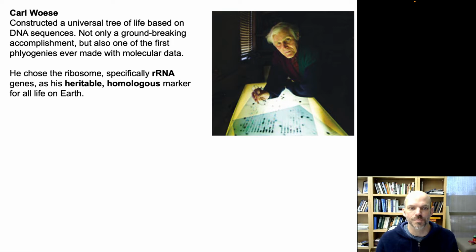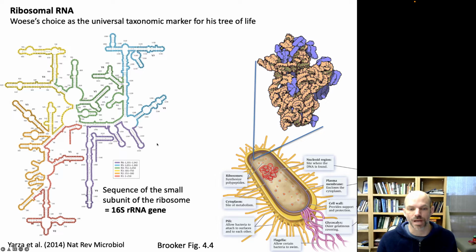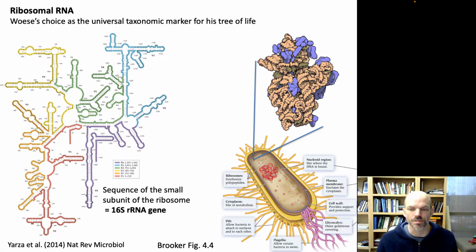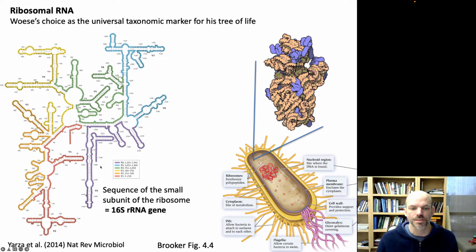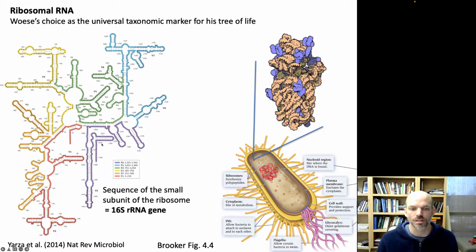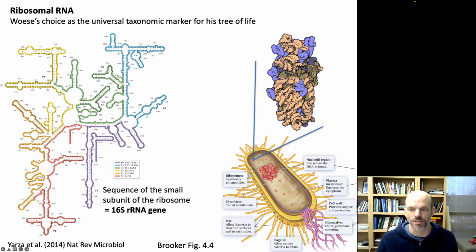And with some thought and trial and error, he decided to use the ribosome, and specifically ribosomal RNA, as his marker to measure the diversity of all life on Earth. He chose the ribosome because all organisms on the planet have a ribosome, so that is good if you want to measure the diversity of all life on the planet. And he knew that he could sequence the gene that encodes the small and large subunits of the ribosomal RNA.